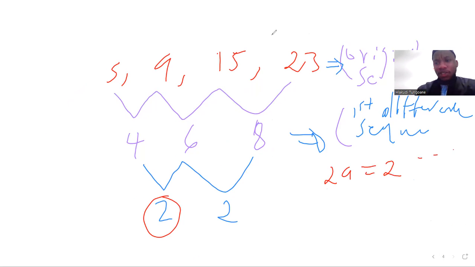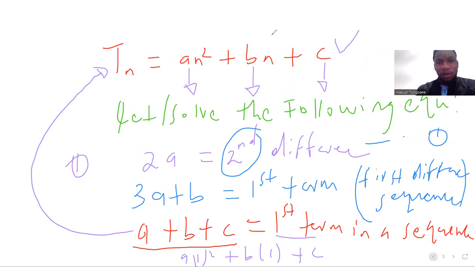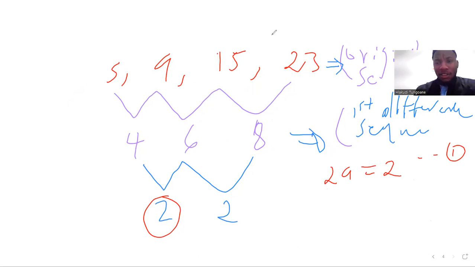Then we solve equation 1 from our previous page, which tells us that a equals 1. Look at that. Okay, and now we need to solve for b, right?